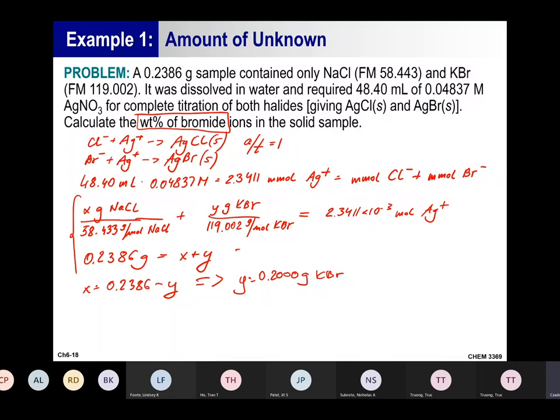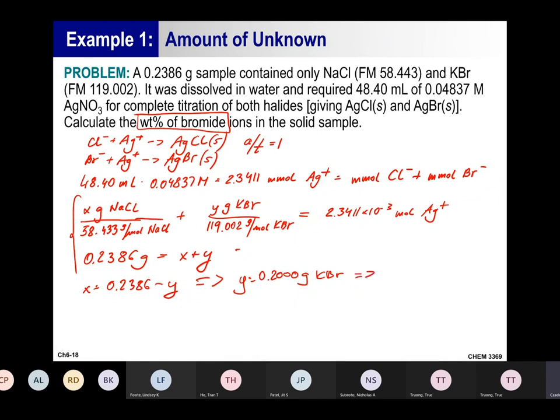So I have grams of KBr, right? So that needs to be translated and converted to moles of KBr. Okay, hopefully this will be clear in a second.